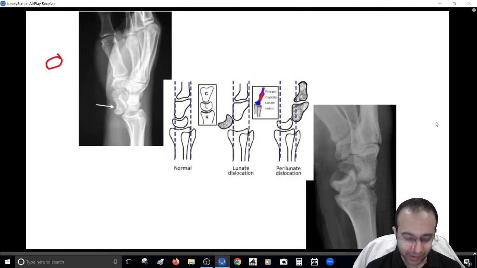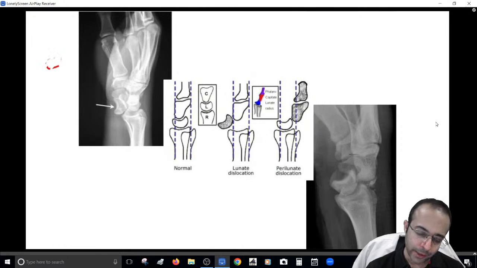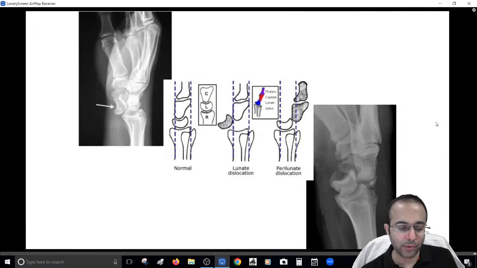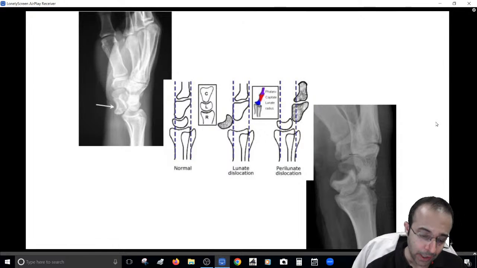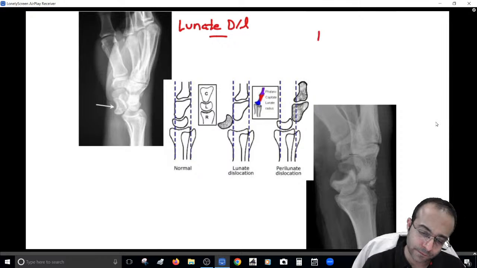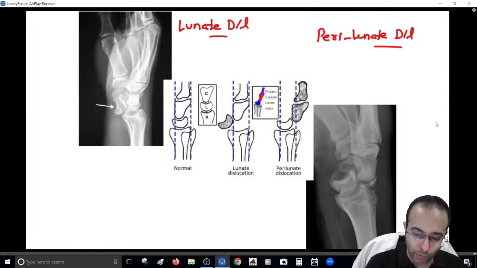But perhaps I will take this opportunity to take you through the dislocations at the wrist, because I think you're not clear about this small topic, which is a PYQ. You may have two types of dislocations at the wrist. One is a lunate dislocation. The second one is the more common perilunate dislocation.